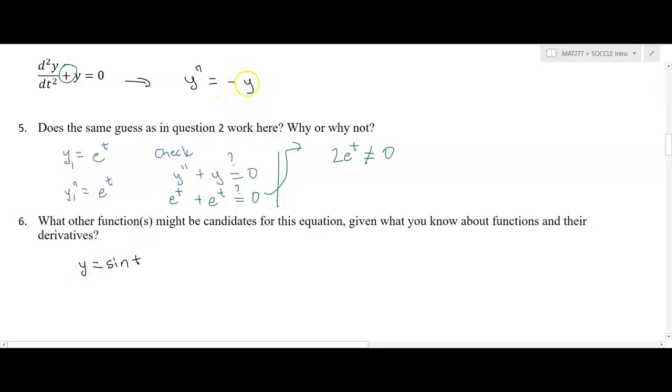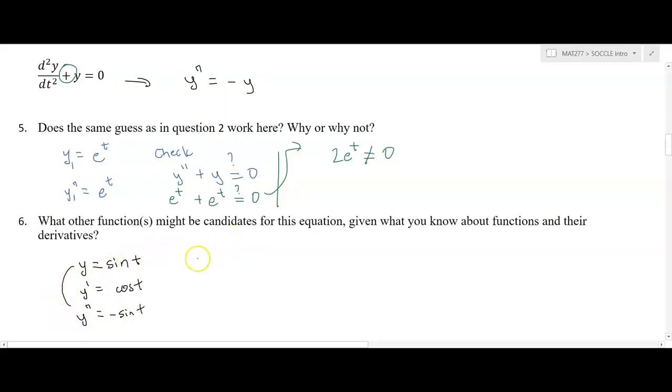So it doesn't mean y has to be negative, it just means y double prime is the opposite of y. So we take a look at this one here, we see that the derivative of sine is cosine, and the derivative of cosine is negative sine of t. And we see that the relationship between these two is such that y prime is the opposite of y.